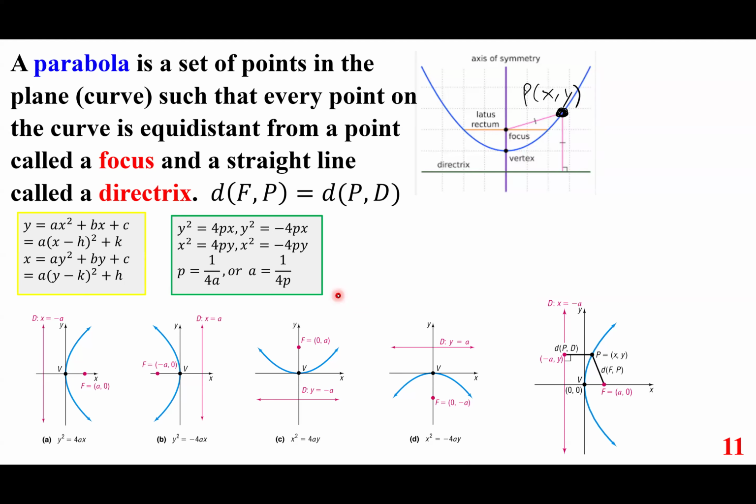And this part is called 4p. P is the focal distance, from focus to the vertex. The relationship between that and a, if you write it in this format, is that a equals 1 over 4p.